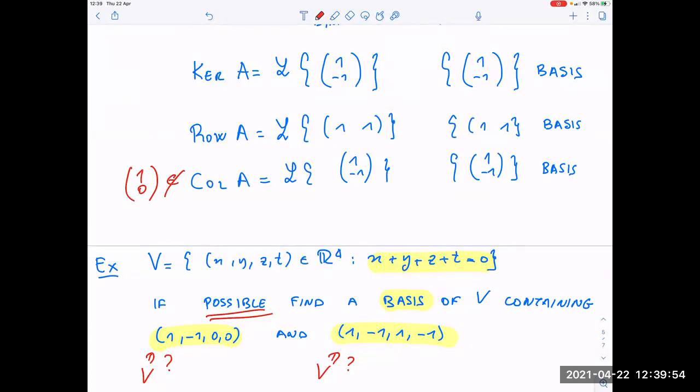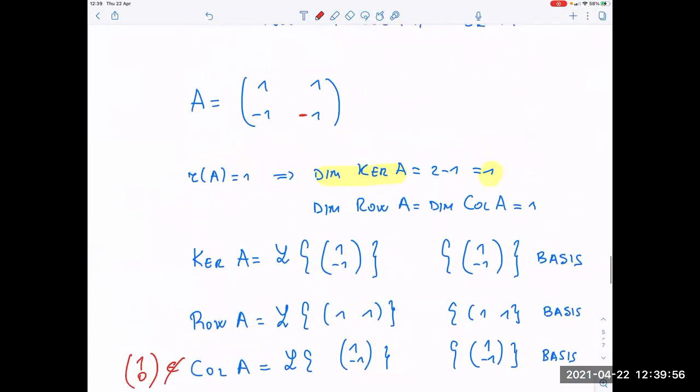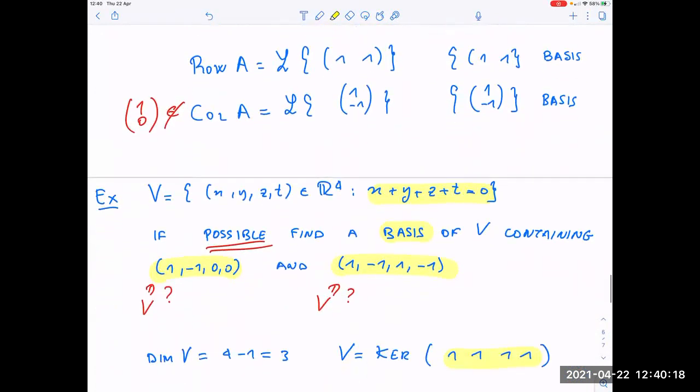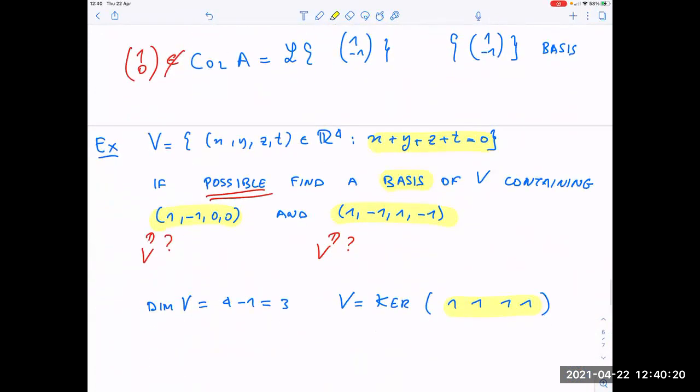So what you did probably is row reduce A, get the matrix with first row 1, 1, 0, 0, second row 0, 0. But this you can use to compute the row space. You can use it to compute the kernel, but not the column space. That's not what you can do, okay? That's another typical mistake. If you go and check, it's not true that the column space of a row equivalent matrix is the same. The dimension is the same, but it is not the same space. Okay.